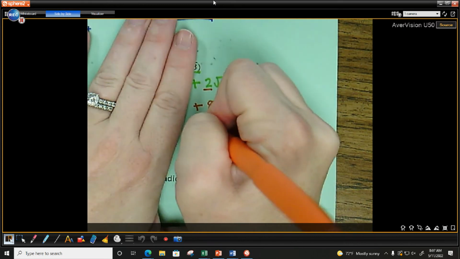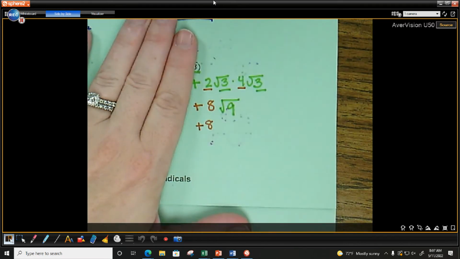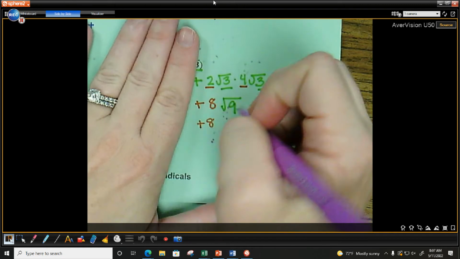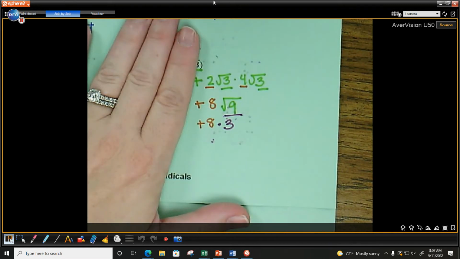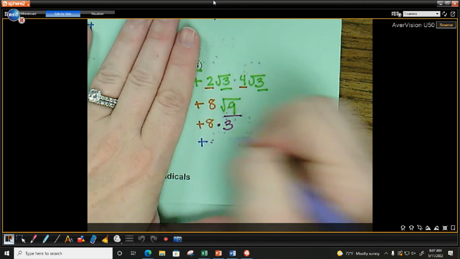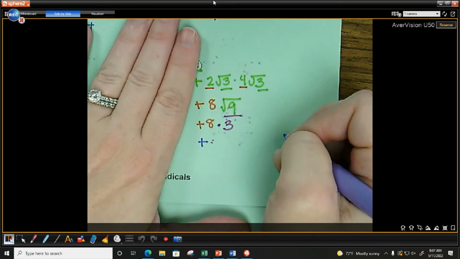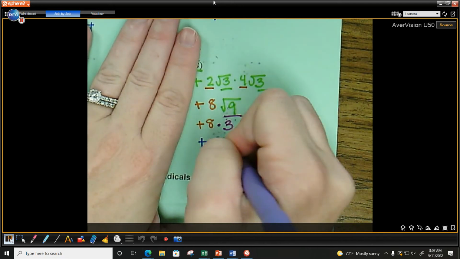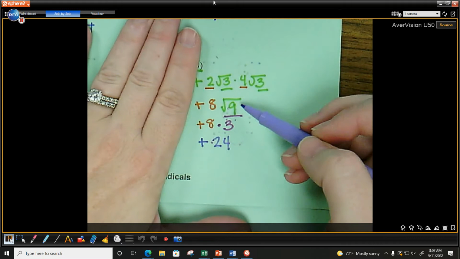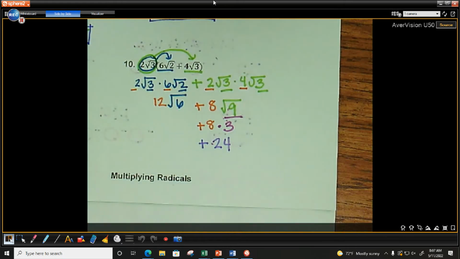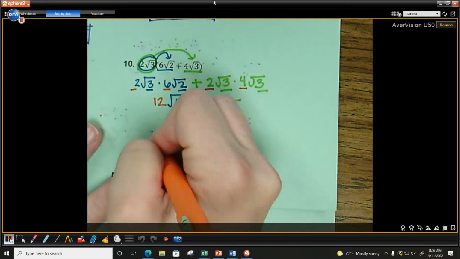What is the square root of 9, guys? 3. 9 is a perfect square, so notice how there's no radical left. So what does that then become? 24. 8 times 3 is 24. There's no radical there because the only number under the radical is a perfect square. Drop down your 12 root 6.